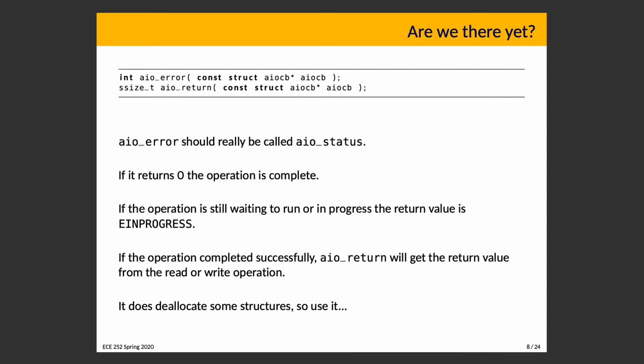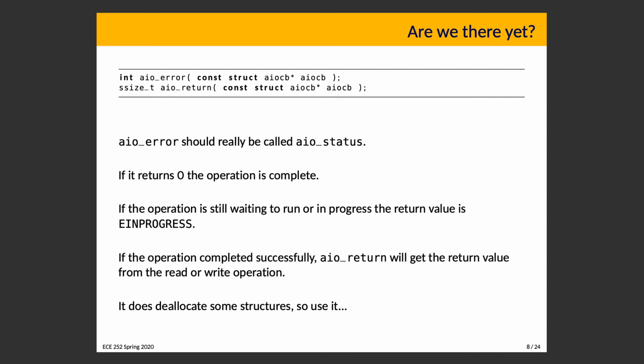So yeah, it tells you the status of the operation. If you call AIO error with a pointer to a particular structure and it returns 0, that indicates that the operation is complete. If the operation is still pending, that is, it hasn't started yet, it's still waiting to run, or if it's actually executing right now, both of those show up as EINPROGRESS, so that tells you that the operation is not done yet.